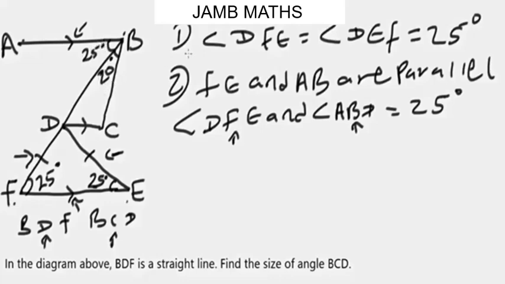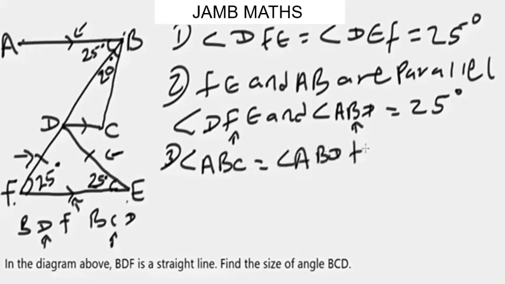Having established this, the third fact we need to establish is that angle ABC will be equal to angle ABD plus angle CBD, which will give us 25 degrees plus 20 degrees.